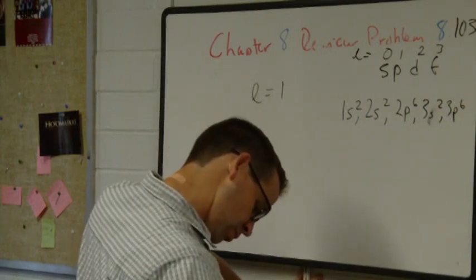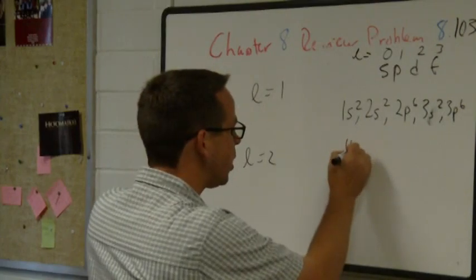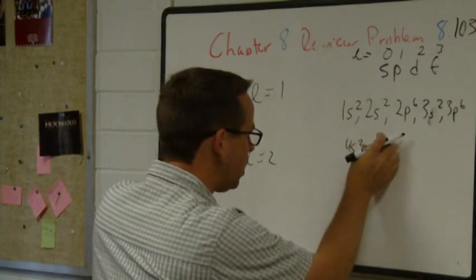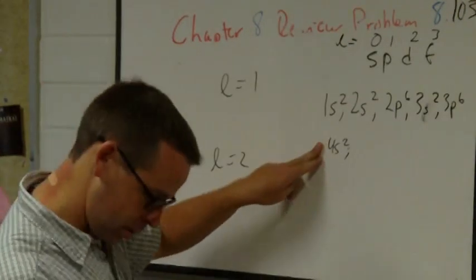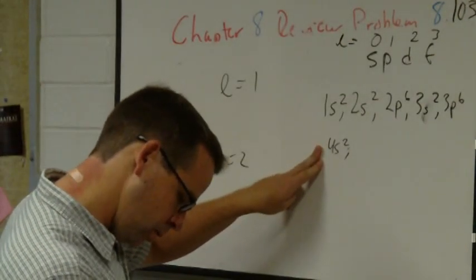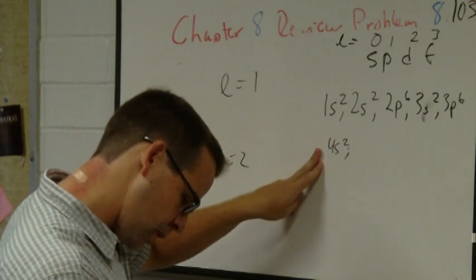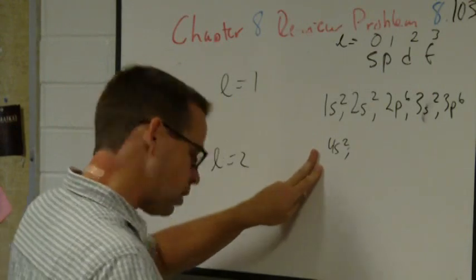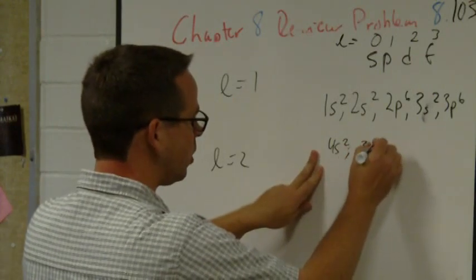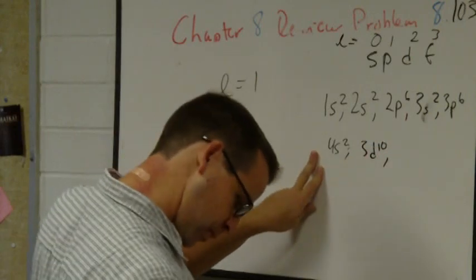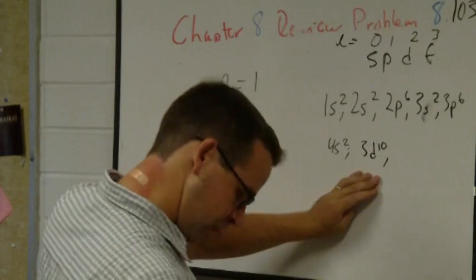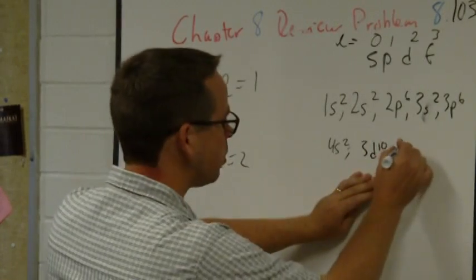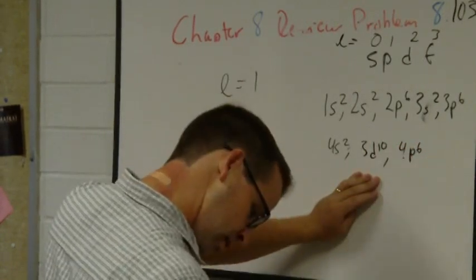And then we go to 4s2, that is potassium and calcium, the fourth row. Then we have 3d10, and after 3d10 we go back to 4p6, that is gallium to krypton.